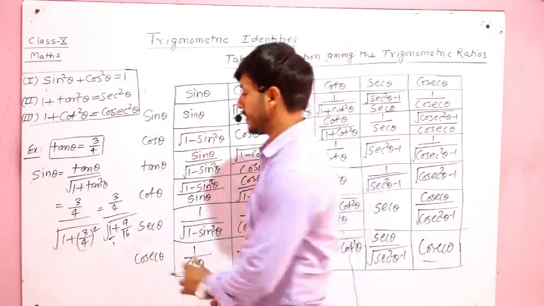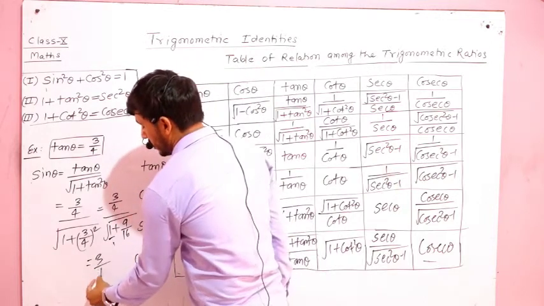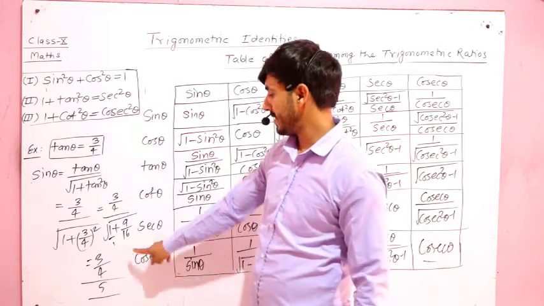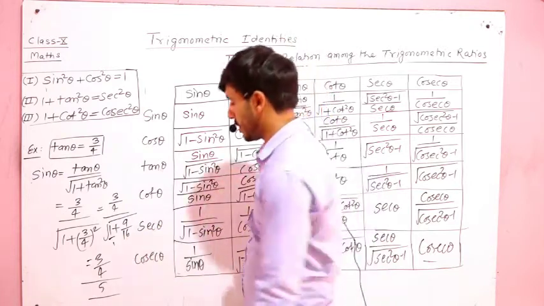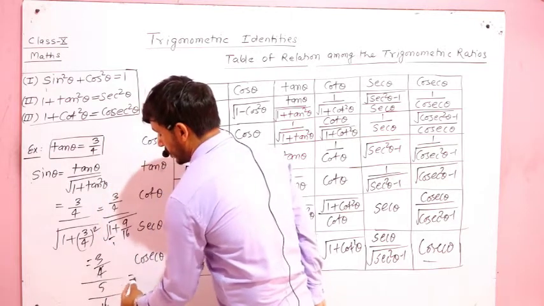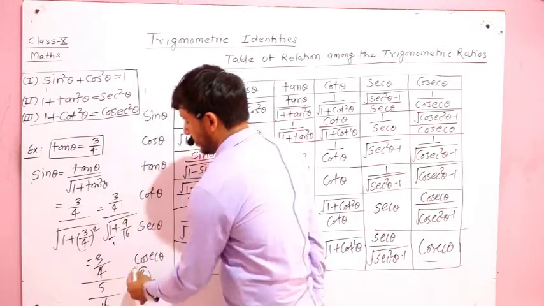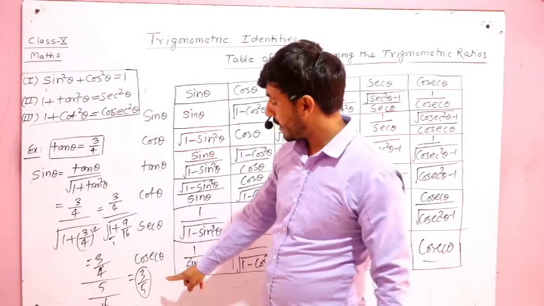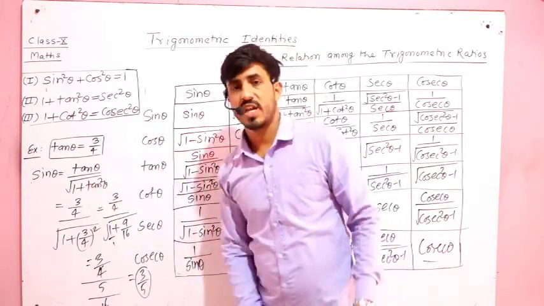That is 5. It means we have 3 by 4 divided by 5 upon, and what is the under root of 16? That is 4. And you can see here 4 is cancelled by this 4, that's why we have 3 by 5. The value of sin theta is obtained as 3 by 5.